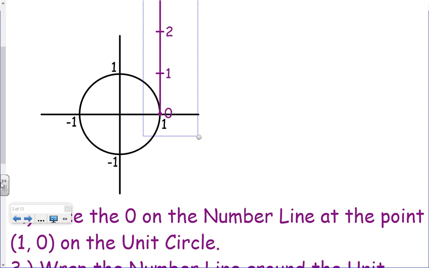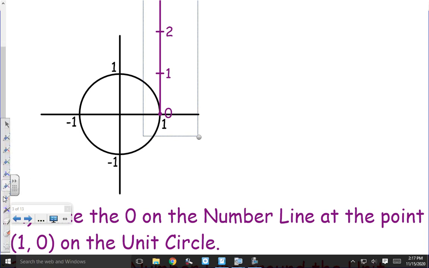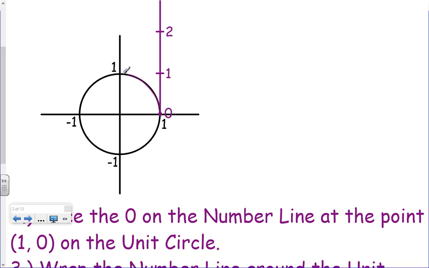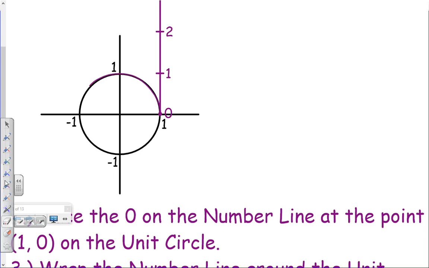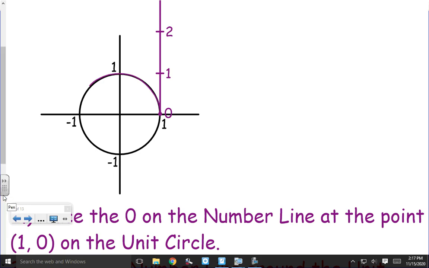If I started wrapping that number line around here, it would start to wrap around like this and so forth. Maybe I won't draw an arrow there, just because I want to mark some key values here. But it would head around in that direction, a counterclockwise direction. And in fact, the 1 would kind of wrap around and land about right here, it looks like.